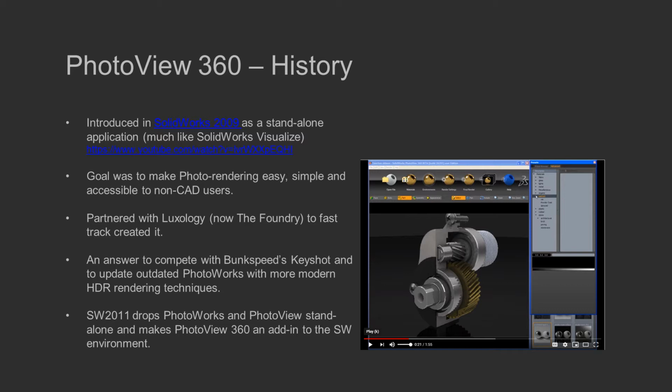So you have marketing people whose primary goal was to sell the product, and they needed to depict it as best as possible in a photorealism environment. So this product, PhotoView 360, introduced in 2009, was a standalone product.